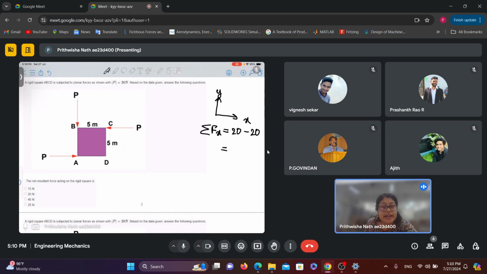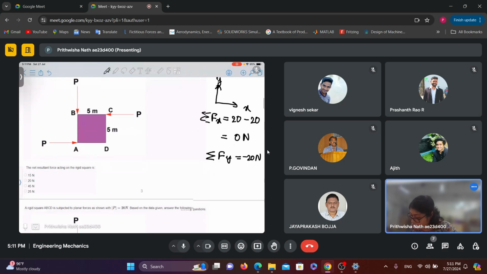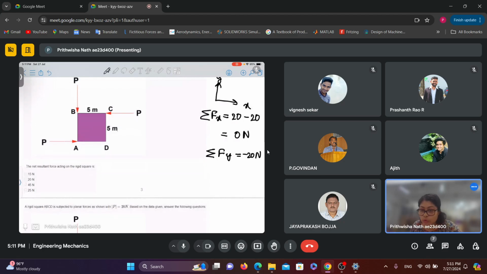So the net force along the x direction is 0 Newton. Now I will calculate the force along the y direction. It is minus 20. So the net resultant force will be 20 Newtons.